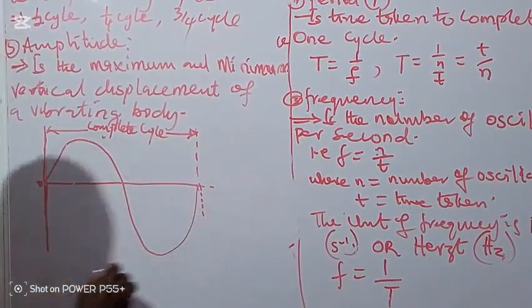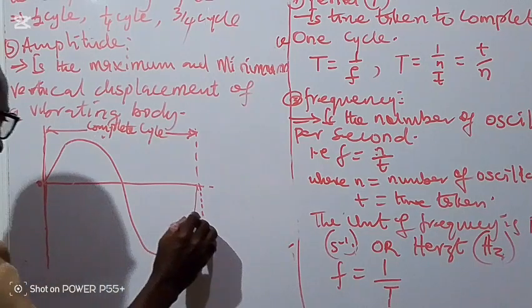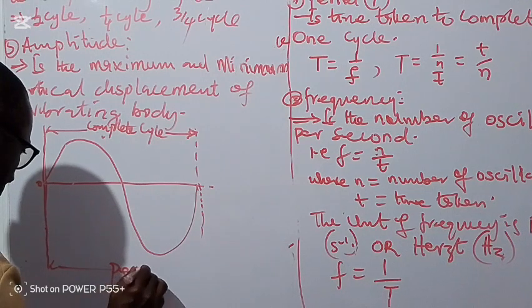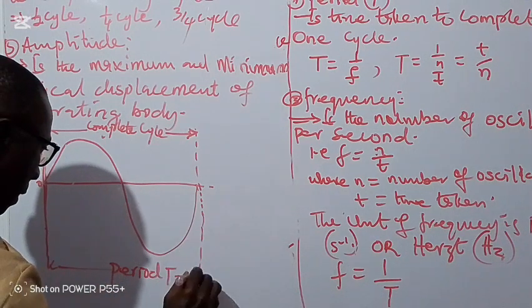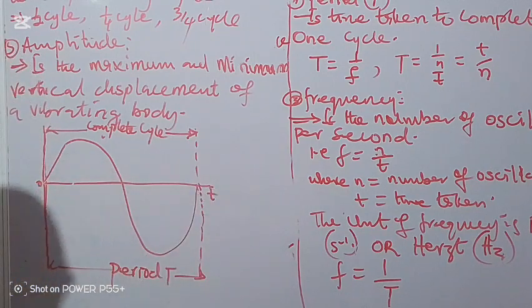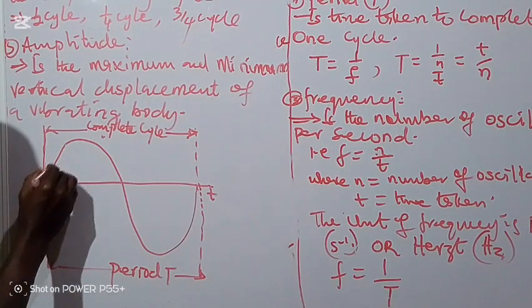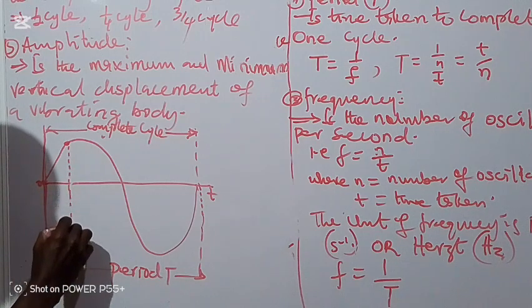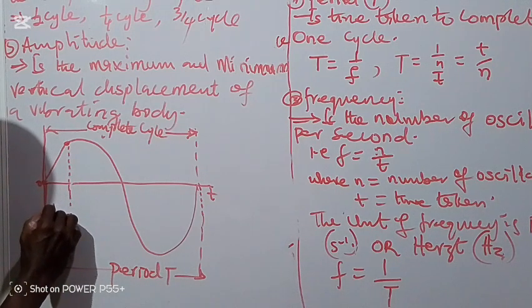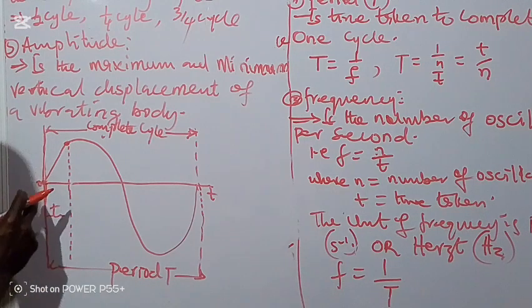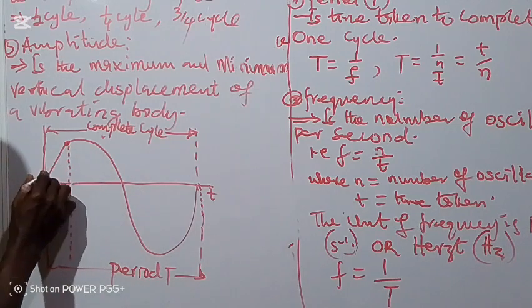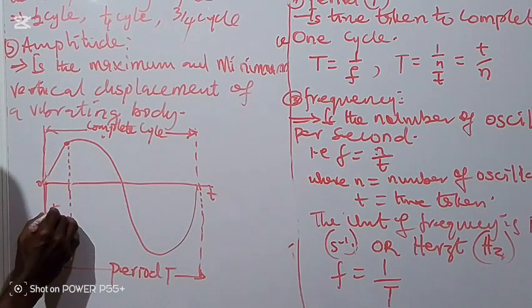When you talk in terms of time, from here to here, this is the period T. But if you take from here to this particular point, then from here to here is small t. Apart from the complete cycle, any other part you use small t to represent the time taken.